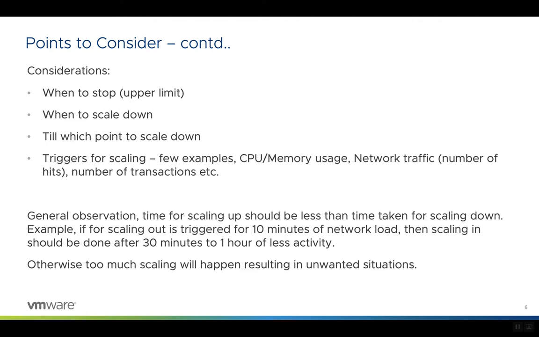But then under certain considerations you want to say, okay, I want five nodes available all the time in that cluster, so that if at any point of time any extra load comes, I should be able to handle that. So you keep five nodes handy. So in that case, you would scale down to five nodes and you would not scale down beyond that. So that's the point that you need to decide, whether you want to scale down to one node or you want to keep something in buffer.